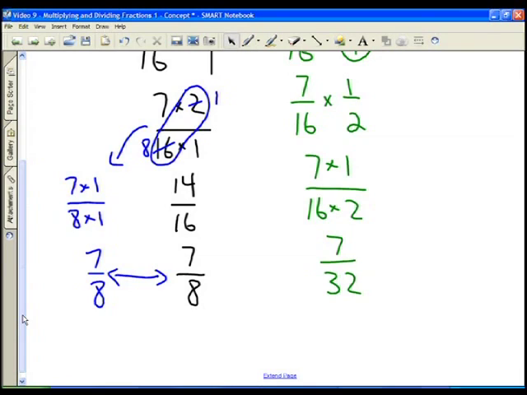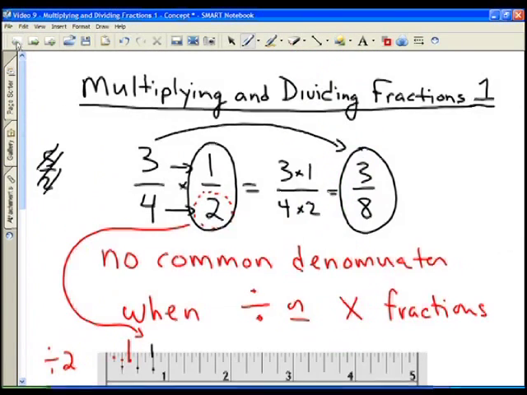And you see, there were no numbers here that were nice to reduce, and as we see here, this is reduced in its final form, because 32 is not divisible by 7. So remember, when you're multiplying fractions, you multiply straight across the top and straight across the bottom, and reduce if you can in the end.